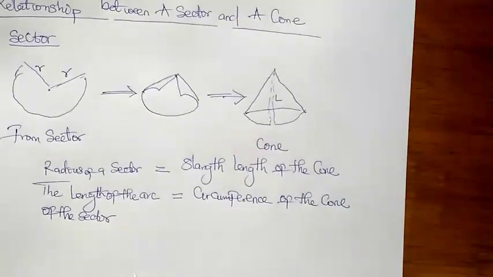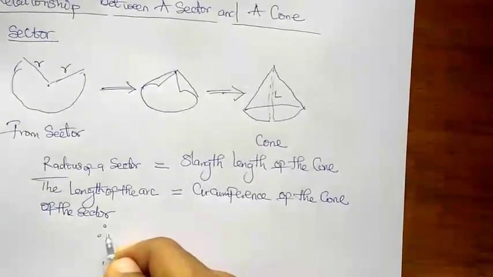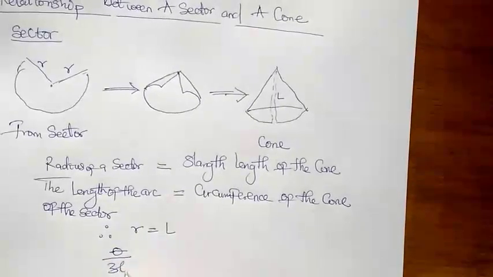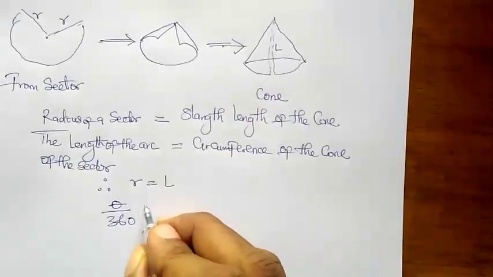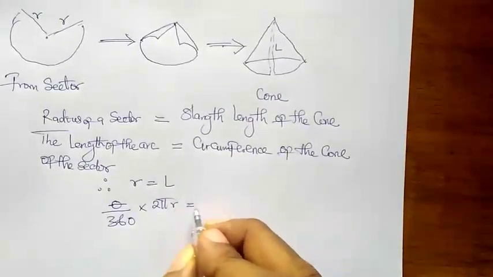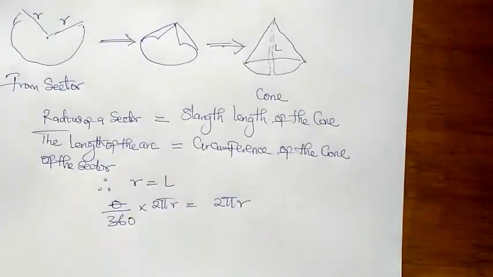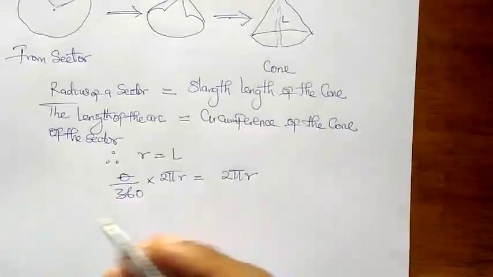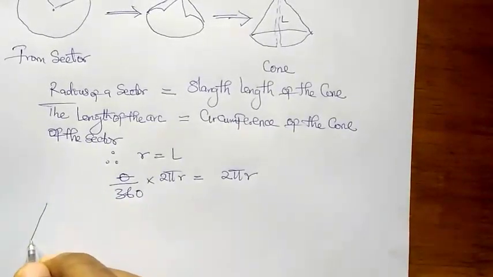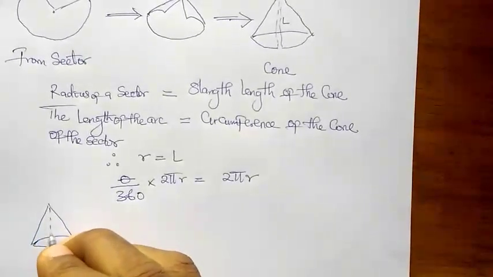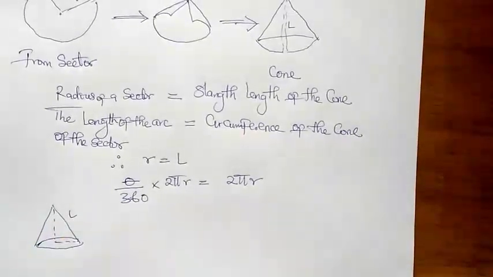Therefore, we can say that R, which is the radius, is equal to L, the slant length of the cone, while the length of an arc, being theta over 360 times 2 pi r, is equal to 2 pi r, which is the circumference of the circle, being the base of the cone.